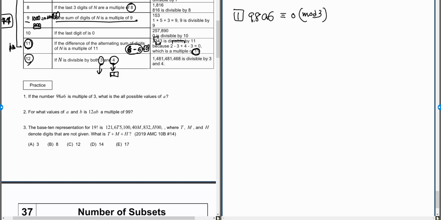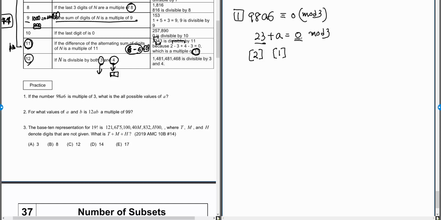You add all the digits: 17, 6, 23 plus A. 23 plus A is divisible by 3. This number, 23, is 2 mod 3, so A should be 1 mod 3. Then 2 plus 1 is 0 mod 3, so the remainders add up to 0.